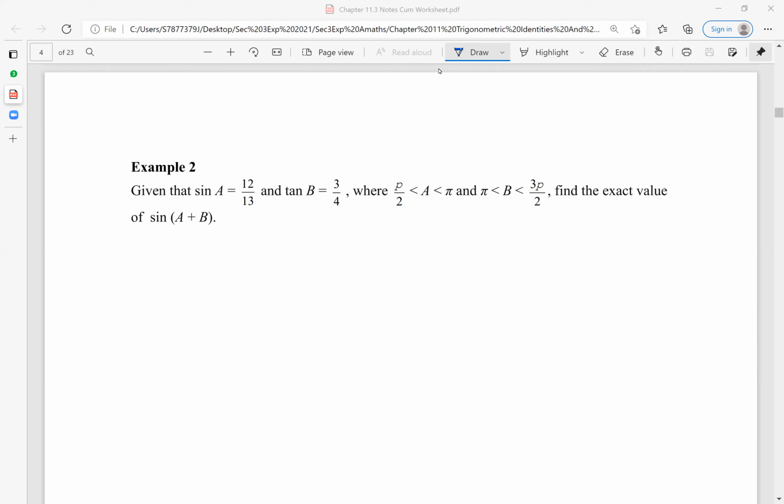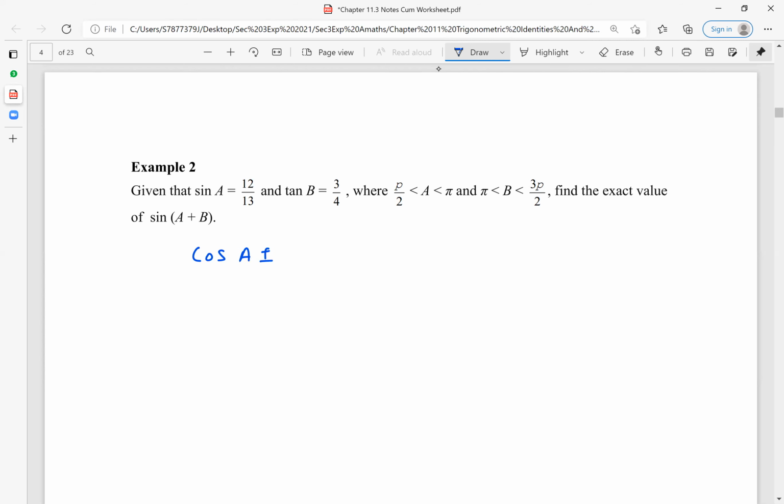Okay, so we are on to example 2. I hope you remember the formula that we have been going through. Let's recap the formulas first, just very quickly. Can someone tell me what this would become?